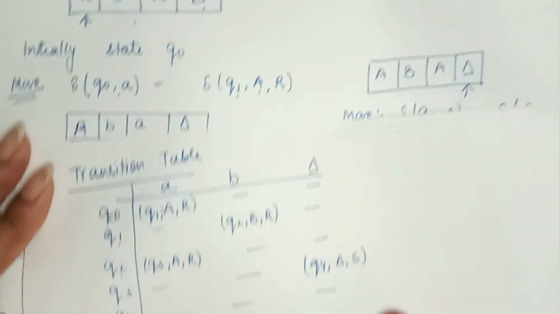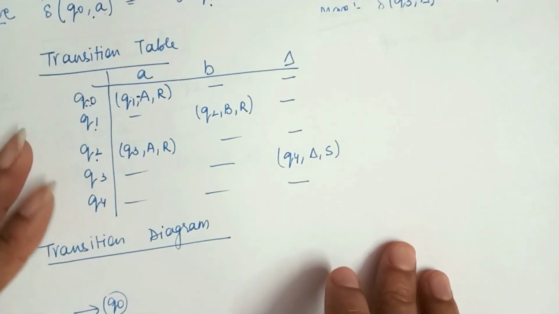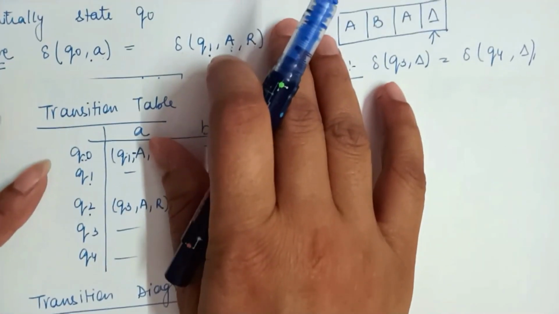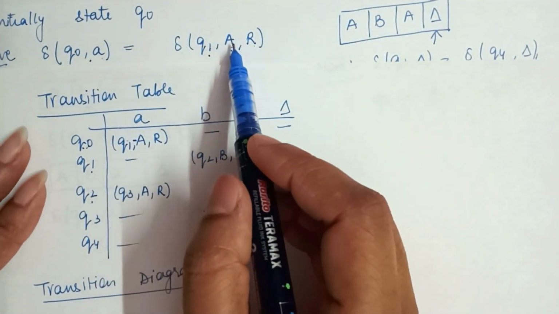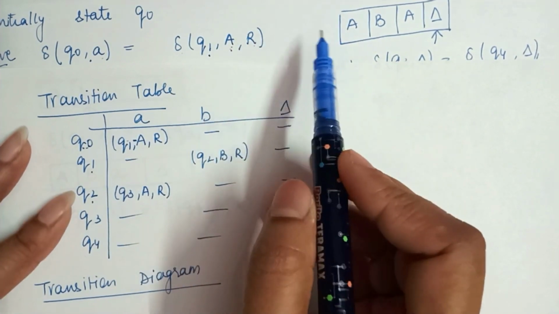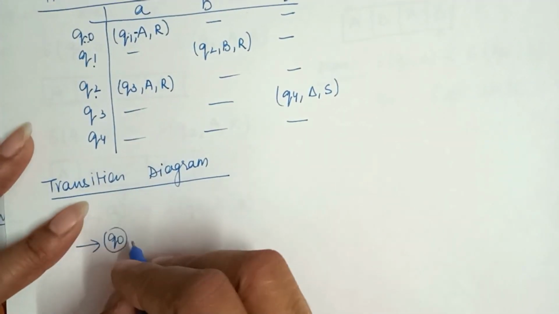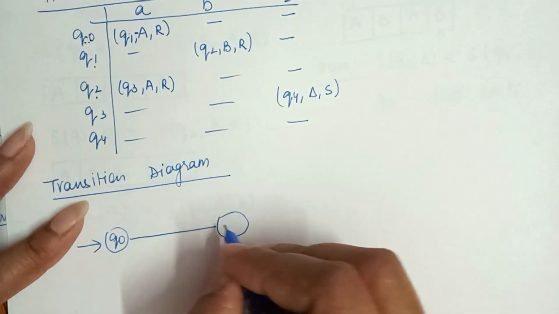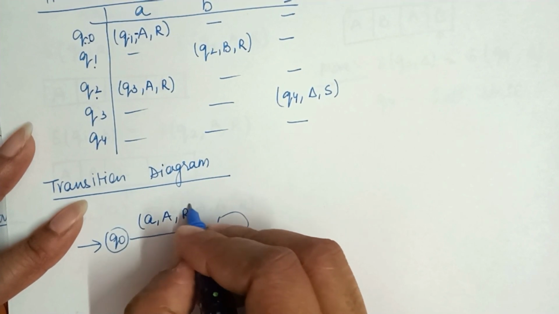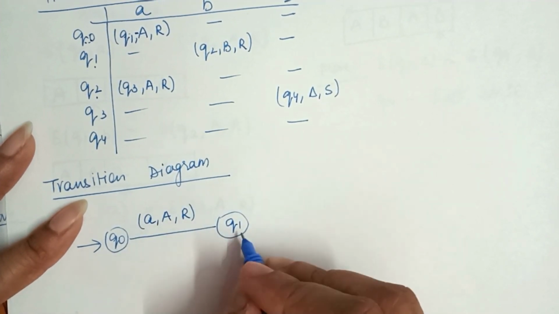See here, on Q0 with small a input, it moves to the Q1 state, and this small a is replaced by capital A, and we move right. So we represent it like this: small a, capital A, and R, from the Q0 state to the Q1 state.